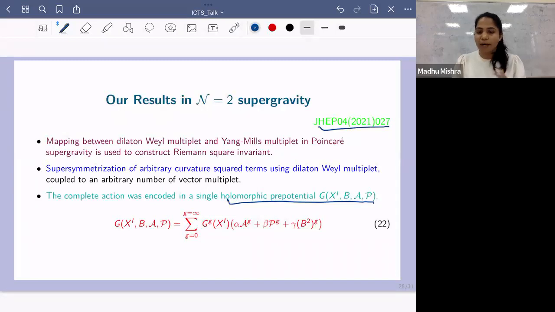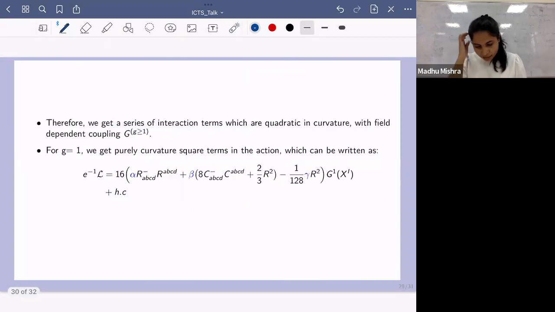And we also coupled it with an arbitrary number of vector multiplets using this prepotential. And finally, we can write the action in a simpler form, in this way. So we get a series of interaction terms which are quadratic in curvature with field-dependent coupling.